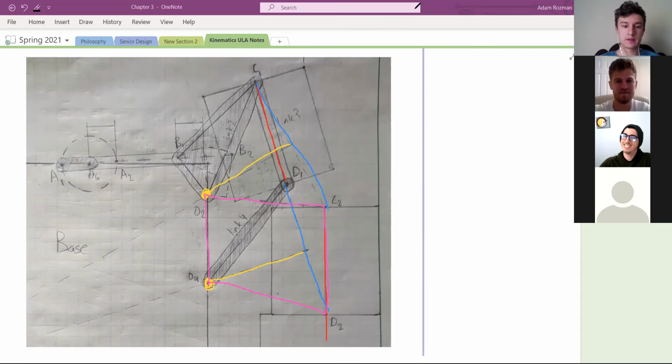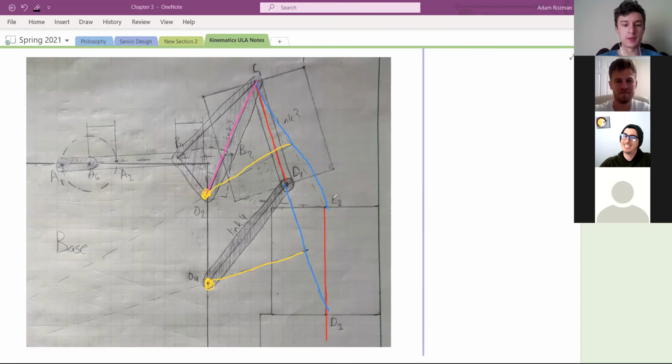But okay, so now that we have those positions, there's a section in the book basically about adding a dyad onto a 4-bar to make it a 6-bar. So let's just draw, let's do a different color, sorry. Let's just worry about this top link of the 4-bar.